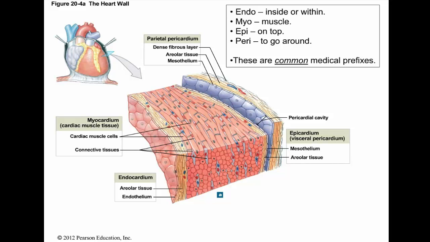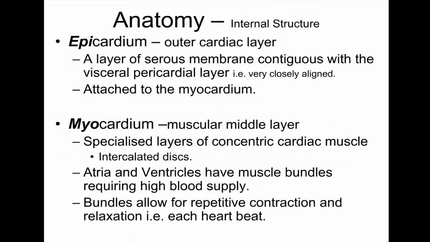And the outside of the heart is called the pericardium, and next to that is the visceral layer called the visceral pericardium. So epi, meaning outside the cardiac layer. This is a layer of serous membrane, and it's continuous with the pericardial layer and is attached to the myocardium.